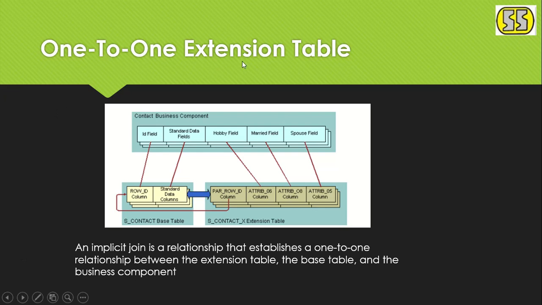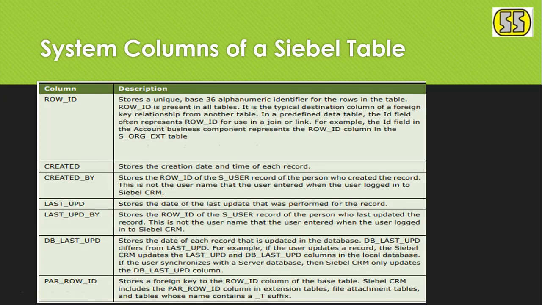So one-to-one extension table, I was explaining what is one-to-one extension. In the BC, I'll be having a couple of fields pointing to the base table S_CONTACT, and a couple of fields pointing to the extension table. So these are one-to-one extensions. Now, what is a system column?